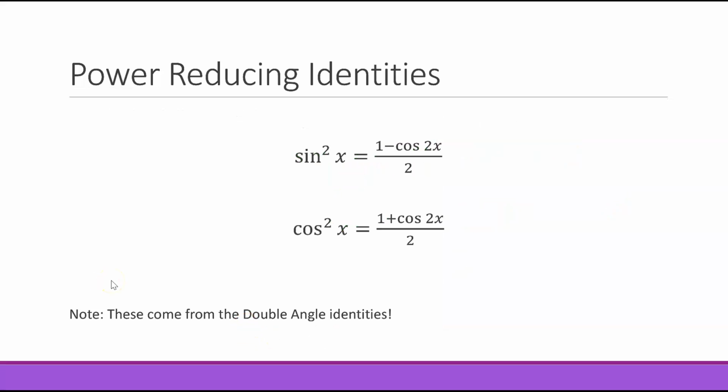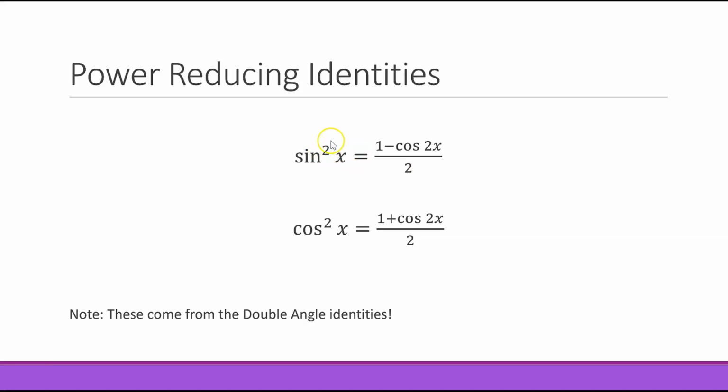And the last thing we're going to talk about are the power reducing identities. So if I have something that looks like sine squared x, this is a power of sine that's greater than 1. It's a power of 2 of the sine function. But I can rewrite sine squared x to be 1 minus cosine 2x all over 2. Thereby reducing the power of the trig function.